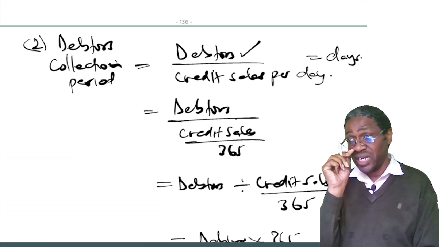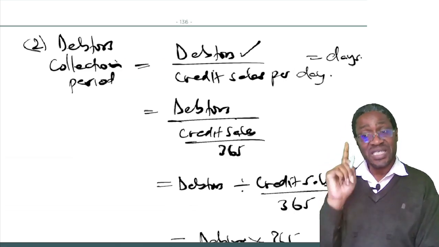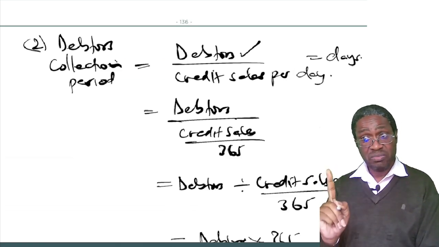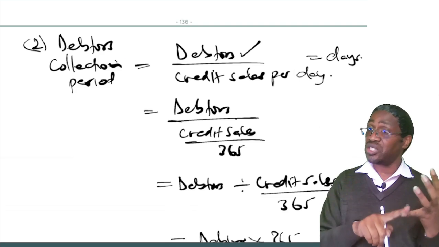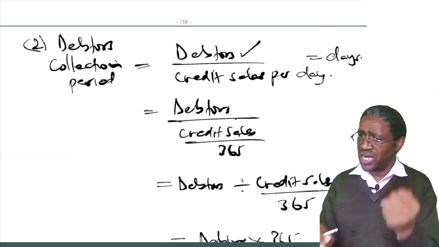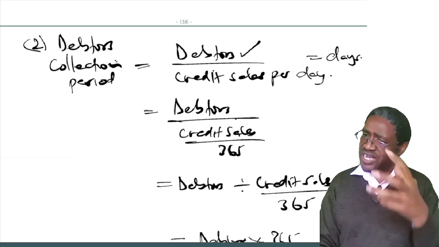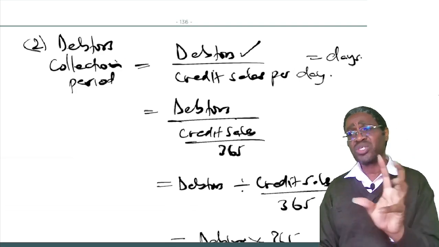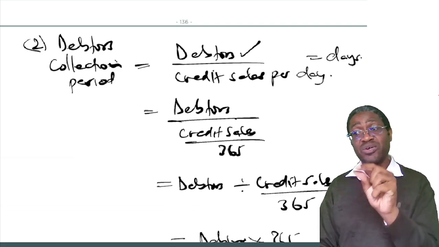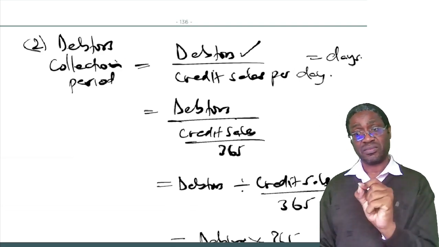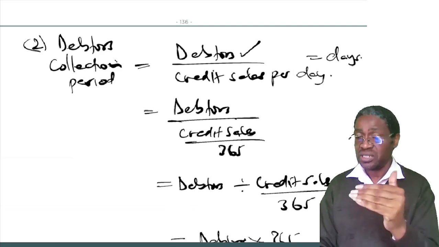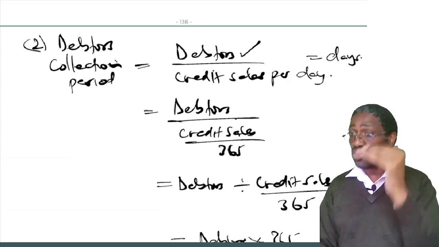And we are using credit sales, not total sales, because total sales include cash sales and credit sales. But we are not looking for cash sales. Why? Because debtors don't arise when you sell goods by cash. Debtors only arise when you sell goods on credit.